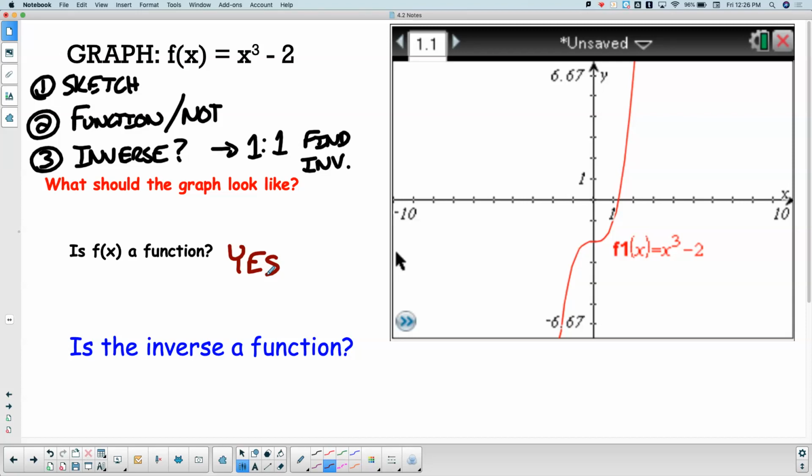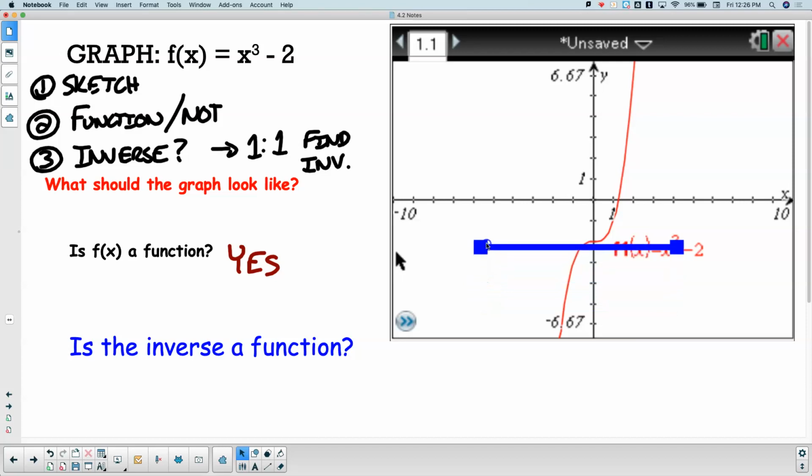Is what I'm looking at's inverse a function? Why? Because like if you did the test, there would only be 1 point hitting the line each time.